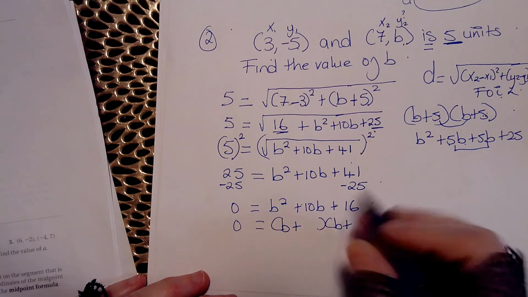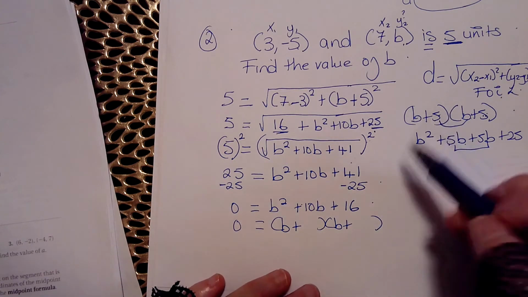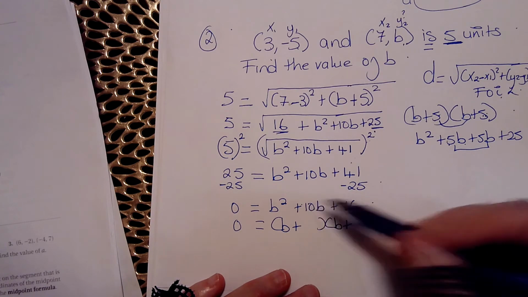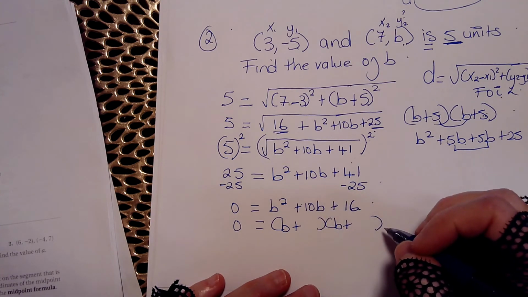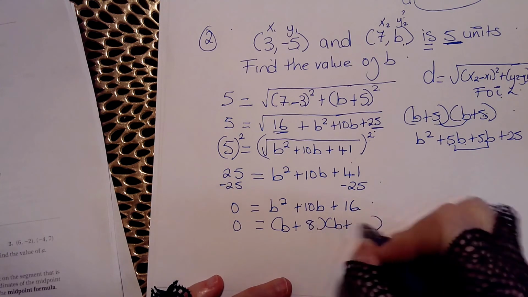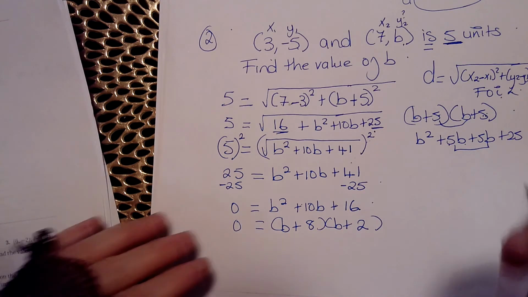If I couldn't factor it, then I would use the quadratic formula or some other way. So what are factors of 16 that can add together to give me 10? I'm thinking 8 times 2 is 16, and 8 and 2 add up to give me 10. So I know that those work.